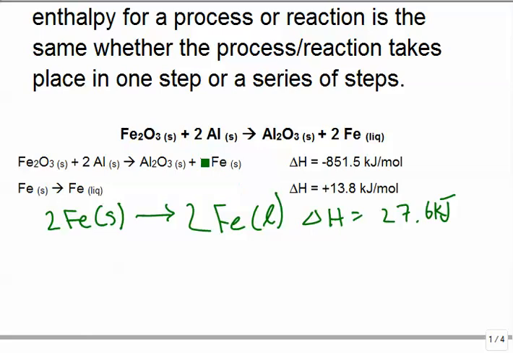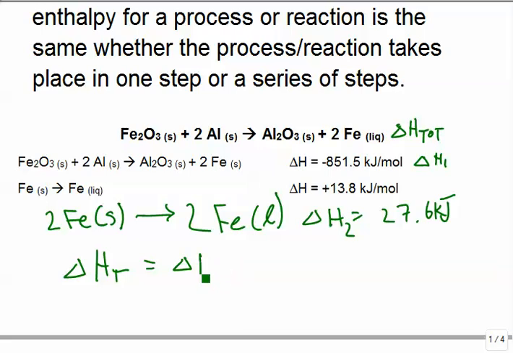Okay, and so really what we can do using Hess's law is add up our component reactions. This reaction here plus this reaction here will add up to our net process, right? And we're going to call this delta H total, we'll call this delta H1, and we'll call this delta H2. So the total enthalpy change for this process is simply the sum of the enthalpy changes for the component processes.